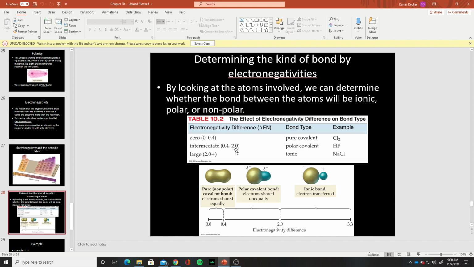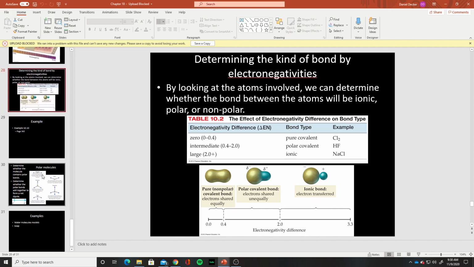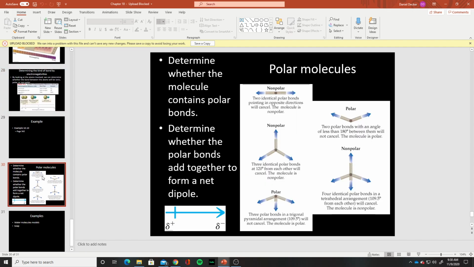And then also, you should be able to recognize if the molecule itself is polar. Now I won't do anything super tricky here. I'm not going to give you a molecule that looks like it's symmetric when it's actually not, or looks like it's not symmetric when it is. It should be fairly obvious if a molecule is symmetric or not.